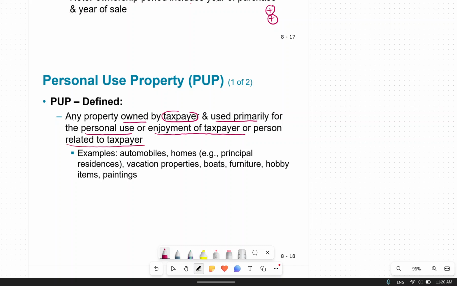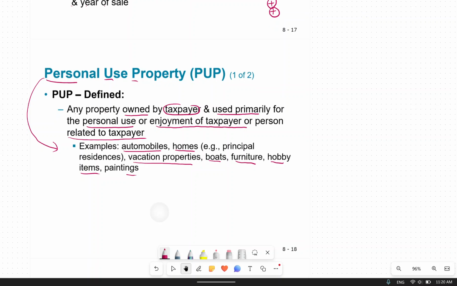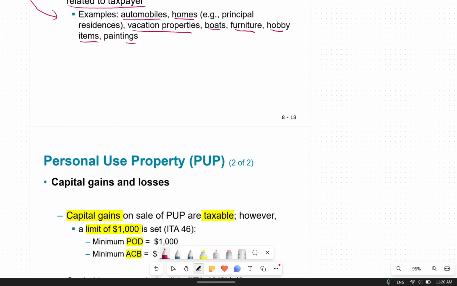So if you have something that is owned by you and it's for personal use, this is personal use property. It could be an automobile, a home such as a cottage, we think of vacation properties, boats, furniture, hobby items, and paintings. Those come under the description of personal use property.